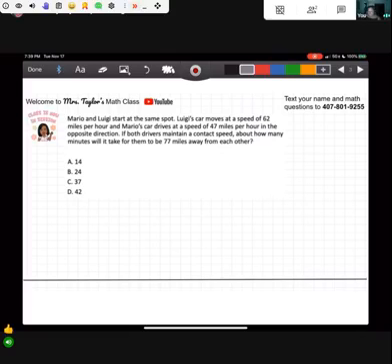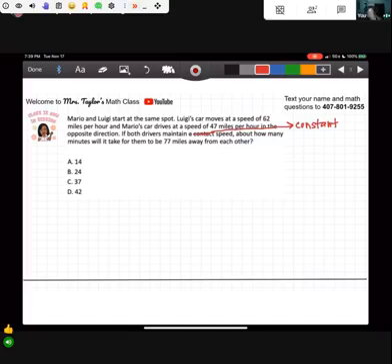If both drivers maintain a constant, it says contact, but I think it's supposed to be constant. So that's what makes sense to me. So both maintain a constant speed. About how many minutes will it take for them to be 77 miles away from each other?